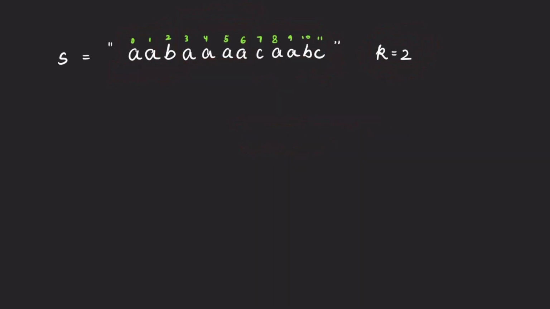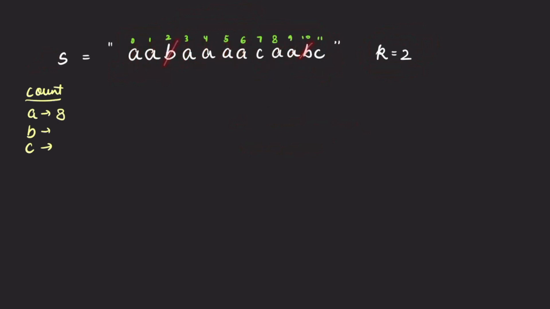In the cases where the answer is not possible, that will occur when you don't have at least k occurrences of A, B, and C inside the string S. So what you can do is initially count the occurrences of A, B, and C in your string S. Let us suppose I have a count vector which stores the count of A, B, and C. So A is total 1, 2, 3, 4, 5, 6, 7, 8, which is 8, right?